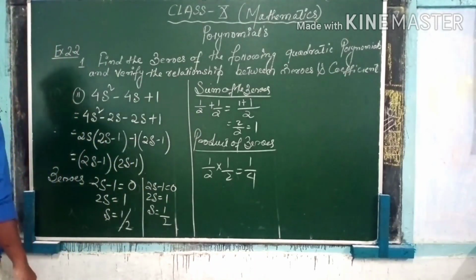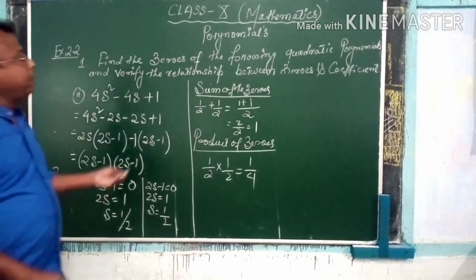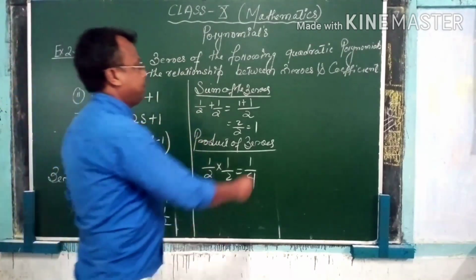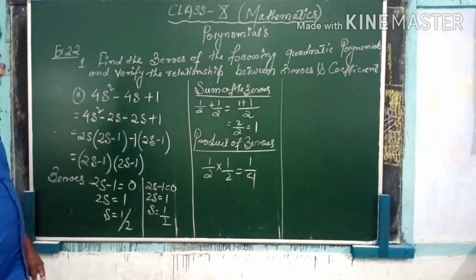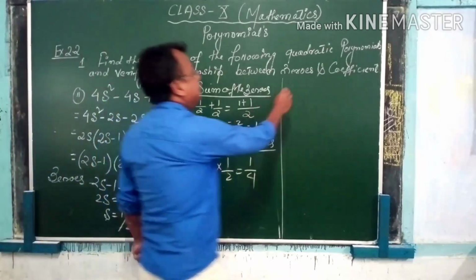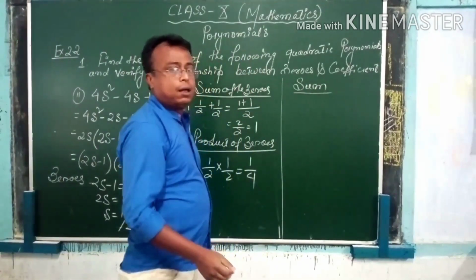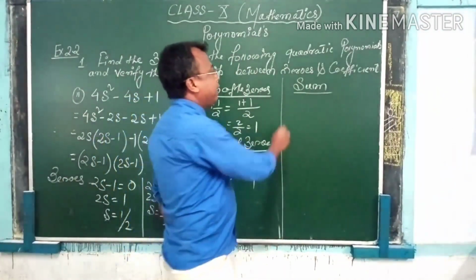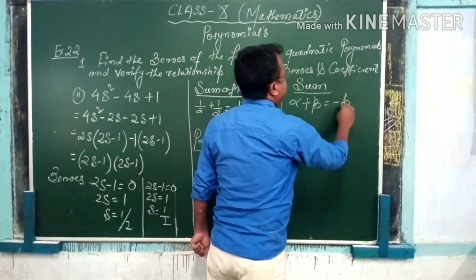Now we will find the sum and product by the relationship. If alpha and beta are the zeros of this polynomial, then the sum alpha plus beta is equal to minus b by a.